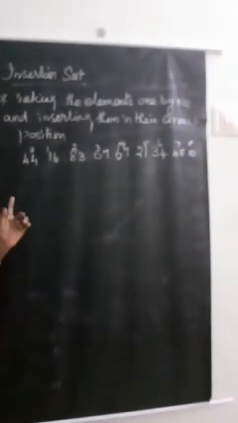We have seen three types of sorting. Insertion sort is also a simple algorithmic sorting. Here the key point is taking the elements one by one and inserting them in their correct position.